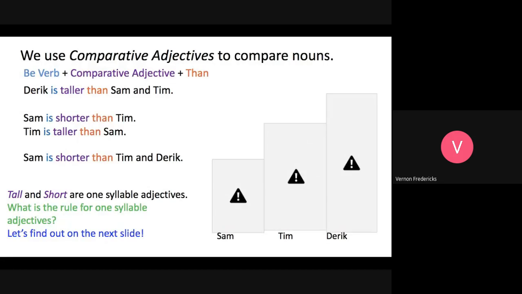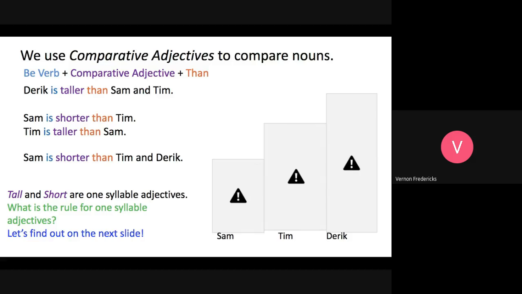Let's have a look at another example. Sam is shorter than Tim. So we're comparing Sam and we're comparing Tim. Okay? So Sam is shorter than Tim. Another example. Tim is taller than Sam.